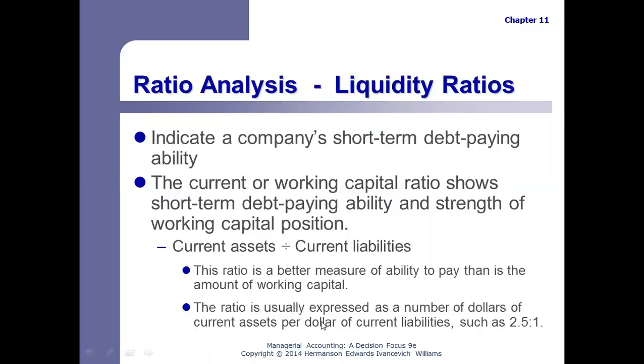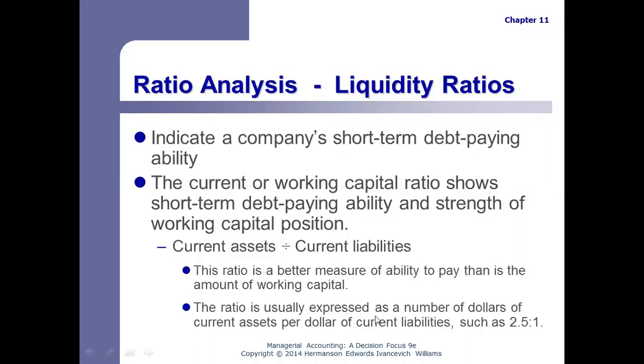So again, by themselves, ratios are not really useful. So what does this mean, 2.5 to 1? You've got to compare these to something, either to your competitors or to industry averages or to your past ratios to indicate whether or not this is good or bad.